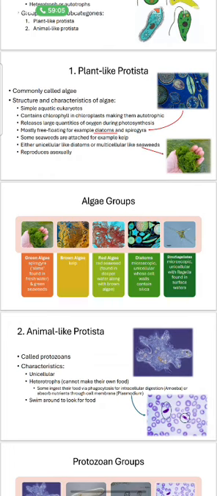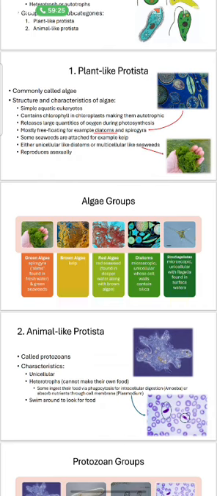Algae groups. There's green algae, brown algae, red algae, diatoms, and dinoflagellates. Green algae is spirogyra, which is slime found in fresh water, and greasy weeds. Brown algae includes kelp.